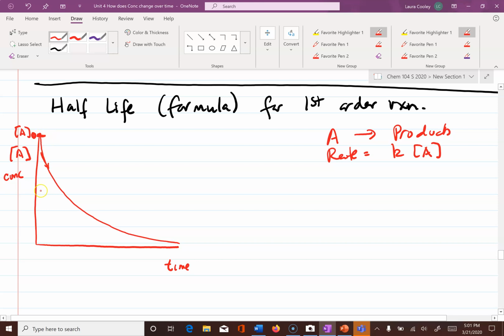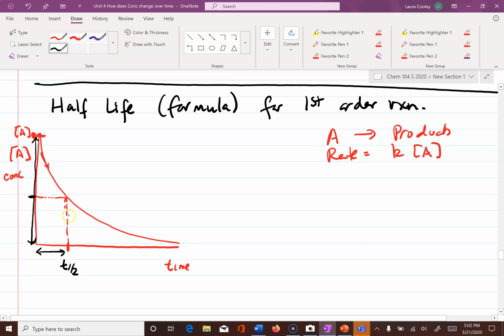When it gets down to about half of the starting concentration, about here, the time that has elapsed is one half-life. Well, it's not a very good drawing, but you'll have to imagine with me. That would be T1/2.